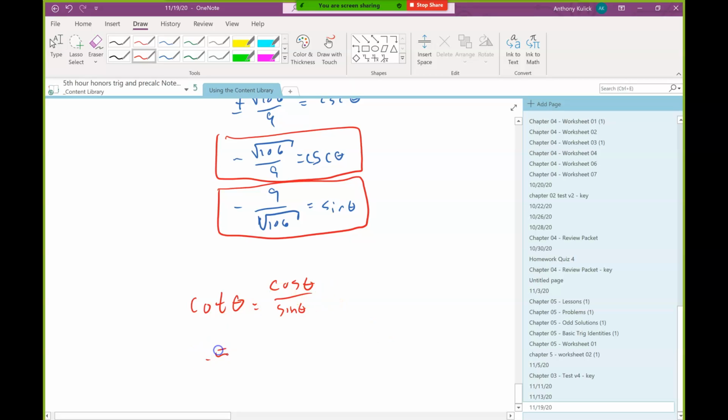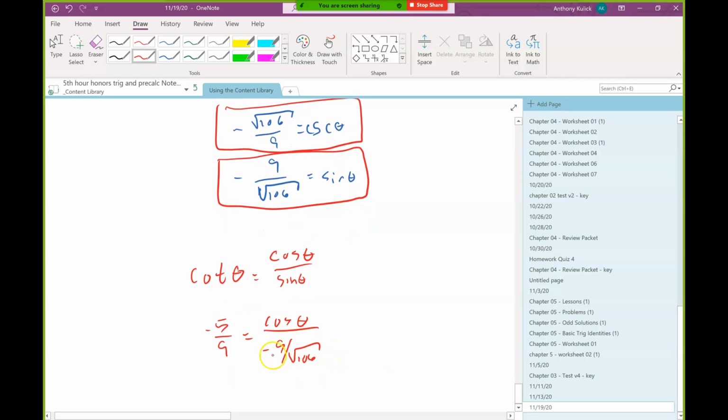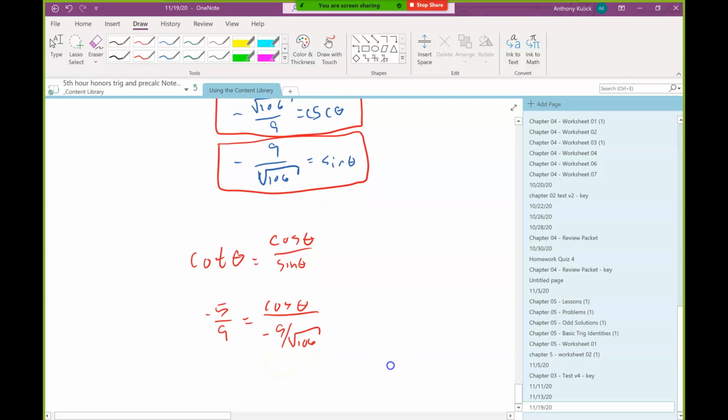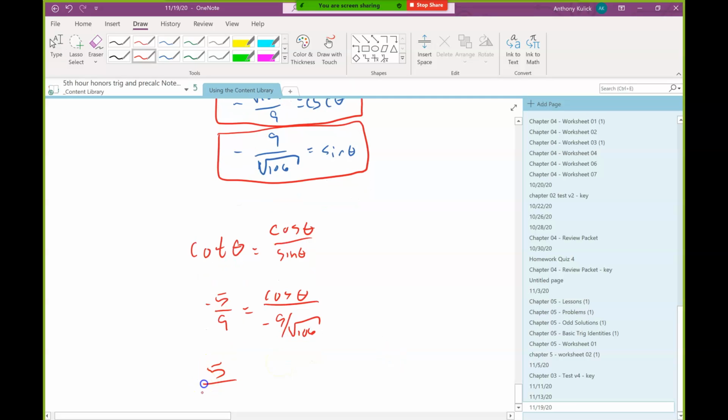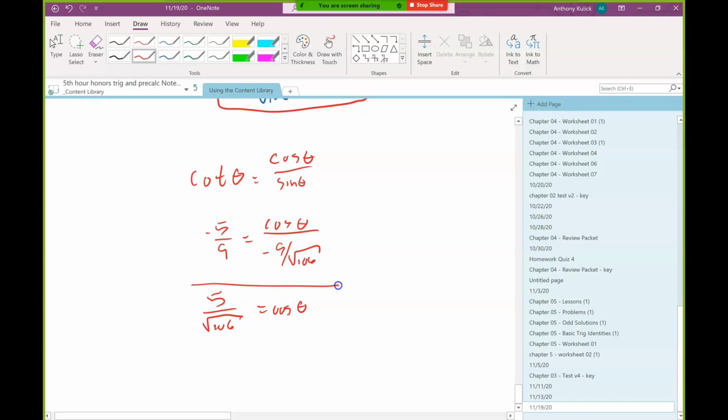So I have negative 5/9 is equal to cosine theta over negative 9 over the square root of 106. So if I multiply both sides by the square root of 106 over 9, I end up with positive 5 over the square root of 106 for cosine. And then secant is just its reciprocal.